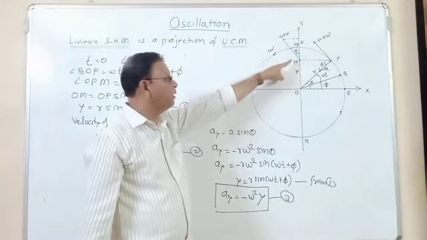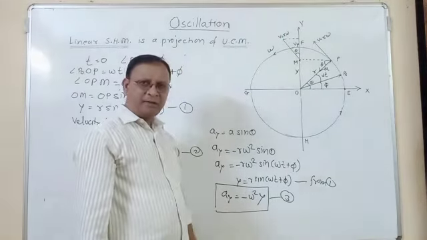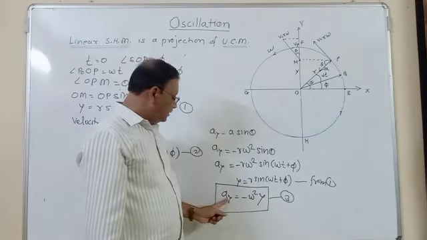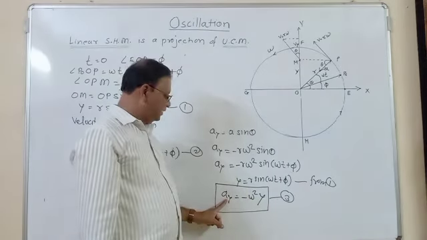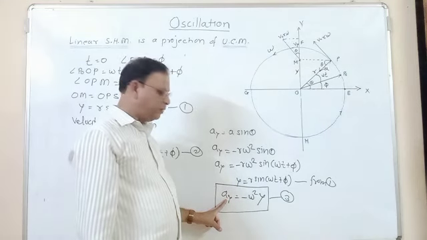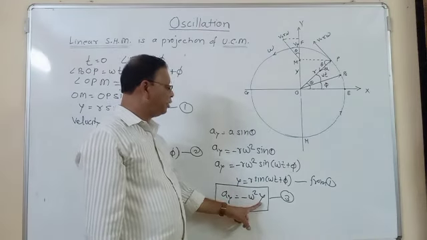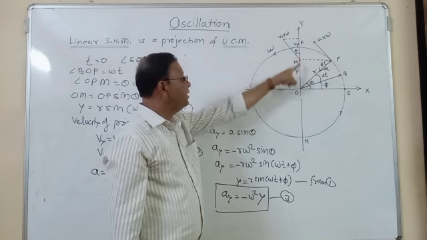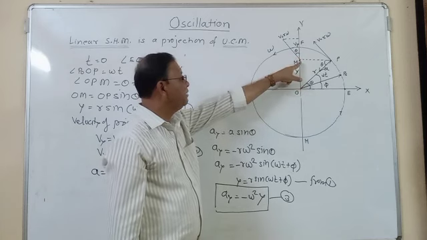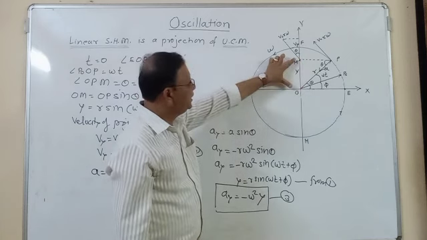This shows that the acceleration of projection of a particle is directly proportional to its displacement from the mean position, because the projection is at point M and the displacement is y.